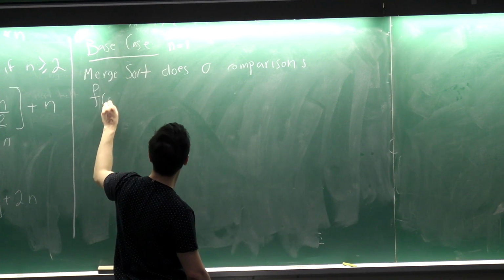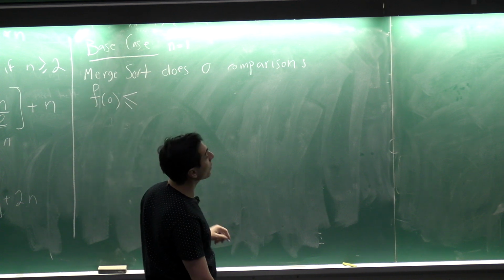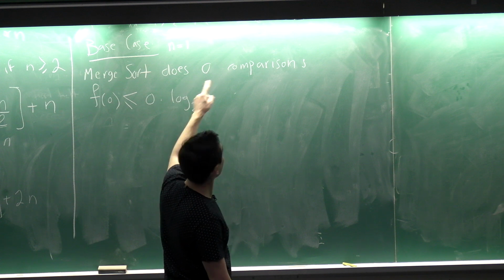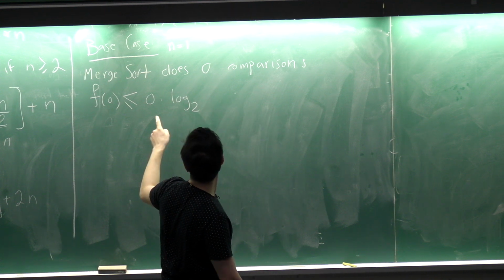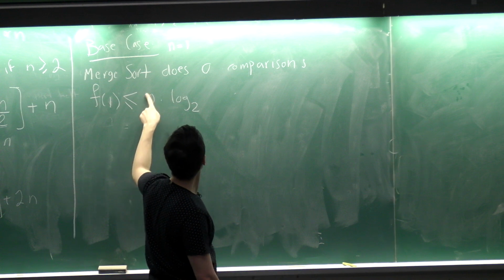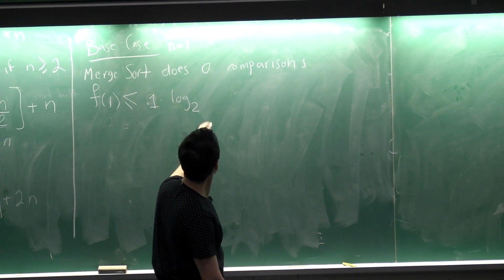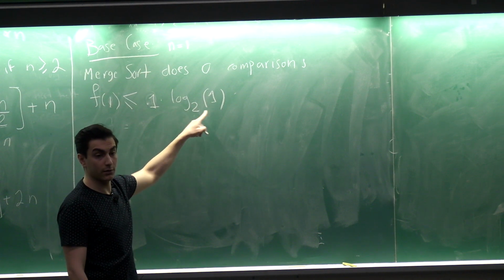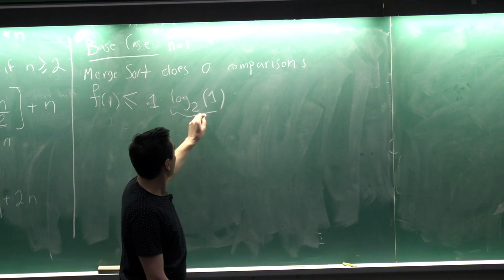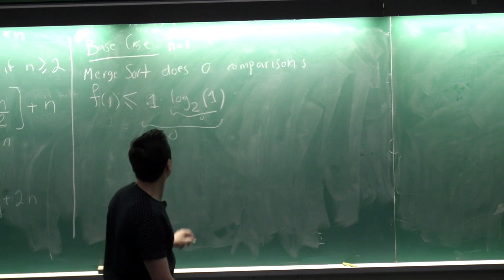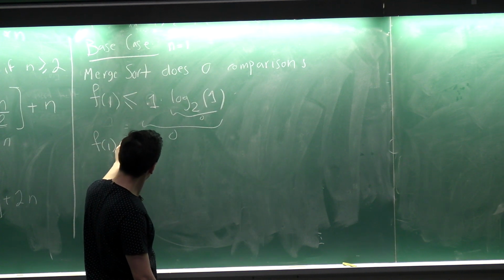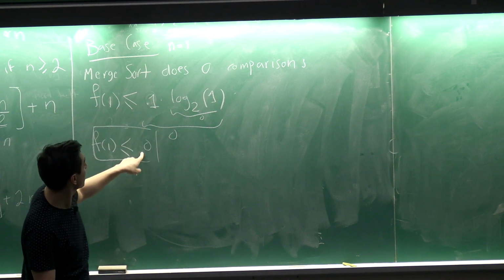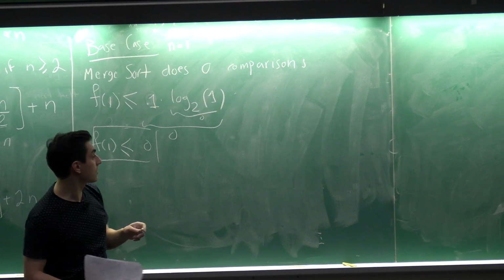When n is 1, 1 times log base 2 of 1. Log base 2 of 1 is 0. So this whole thing is 0. So f(1) is smaller or equal to 0, which is correct, because this is equal to this.